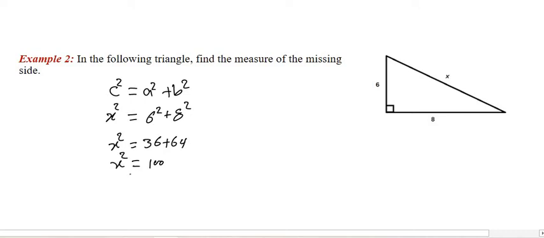And now we are required to find out the value of x. So by taking the square root of both sides, you will have x equals 10. And of course, we cannot say x equals positive or negative 10 because we're dealing with a length, and length cannot be negative. So here, guys, we could solve the triangle using the Pythagorean theorem.